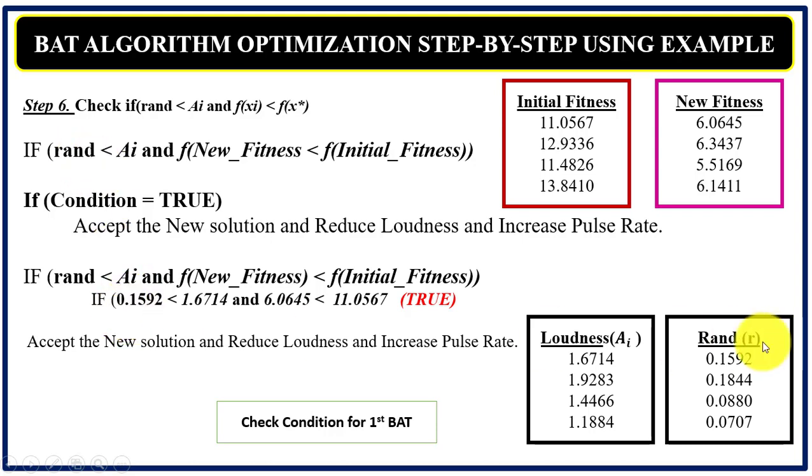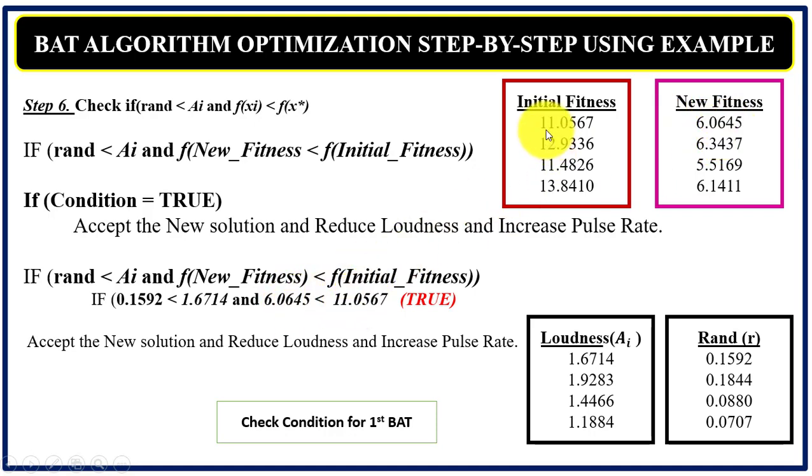The random number we are using here is 0.1592, and the loudness for the first path is 1.6714. You can see the new fitness value that we computed for the first path is 6.0645.